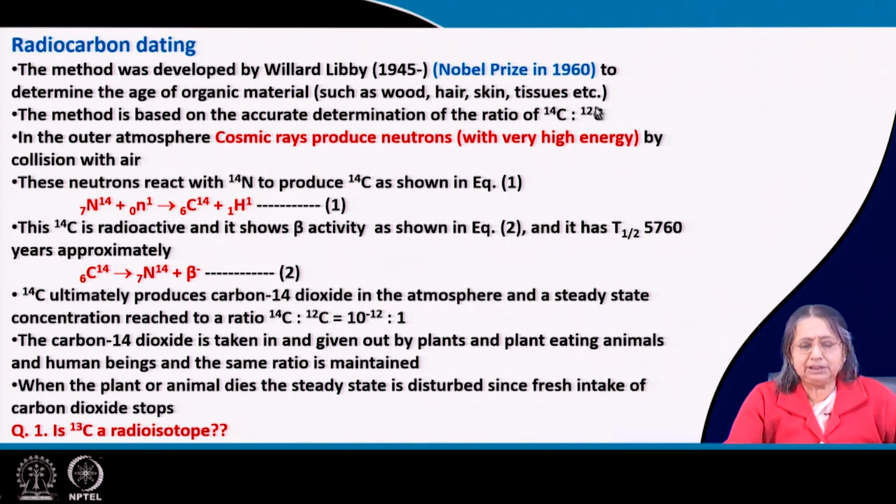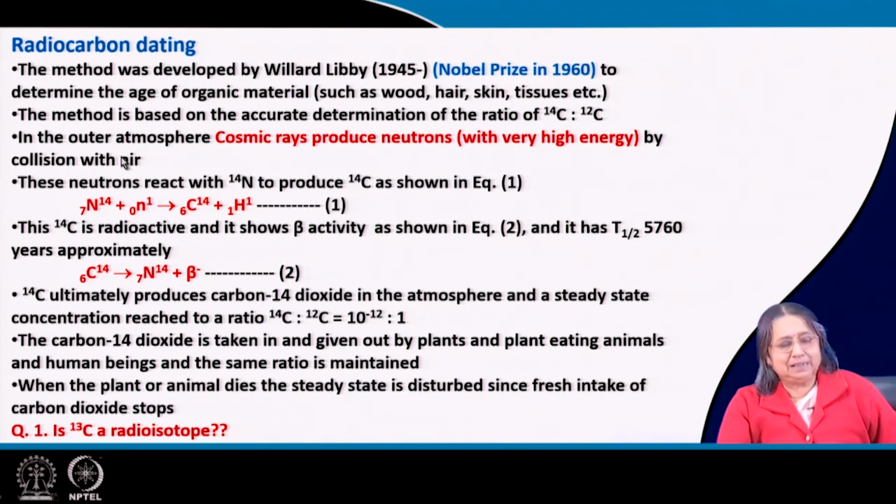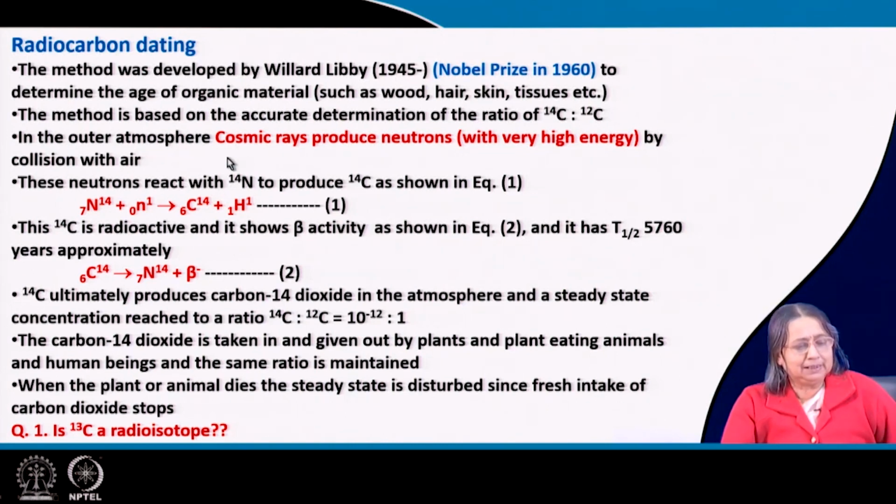So, this ratio is to be determined, then we can know the age of these organic materials. Now, I will explain step by step. It is a little bit complicated, but very interesting.